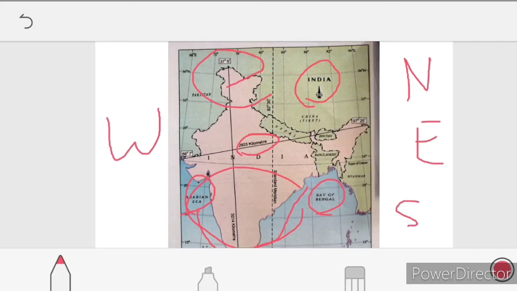We must also know the word NEWS, which is made from the names of the directions.